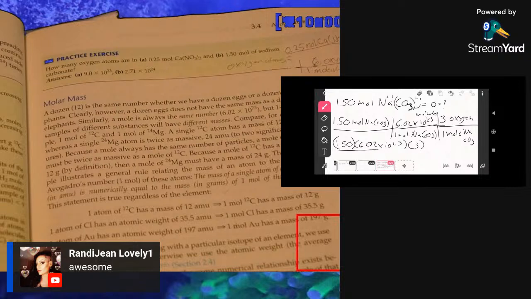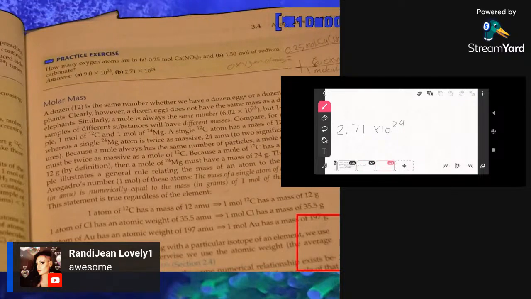All these numbers right here divided by this. When you put a fraction, it means division. Divided by 1 times 1, which is 1. And then your answer should be 2.71 times 10 to the 24.